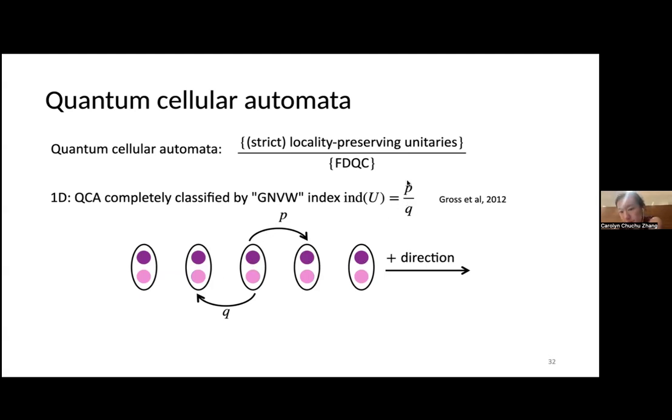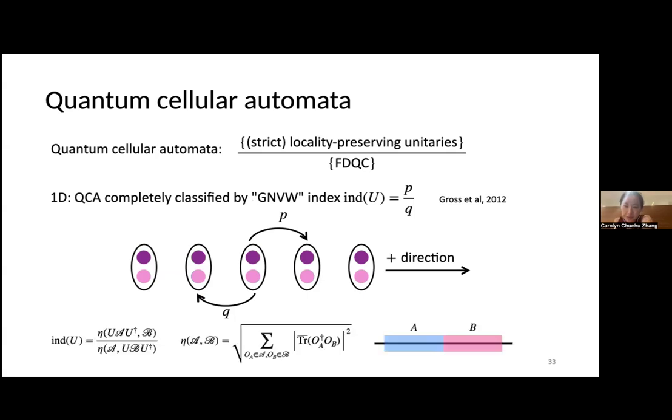If this p over q is, say, 2 over 3, you can think of this as having a 6-dimensional local Hilbert space formed by a qubit and a qutrit. So this is a 2-level system and this is a 3-level system. You're translating the qubit to the right and then the qutrit to the left. So this p over q just labels some generalized translation of what kind of operators are moving to the right and what kind of operators are moved to the left under this locality-preserving unitary.